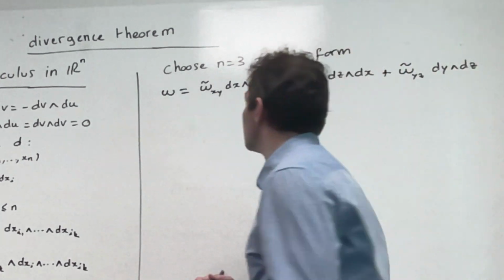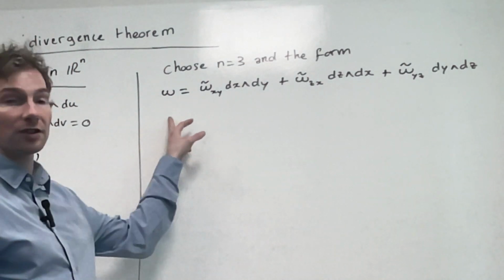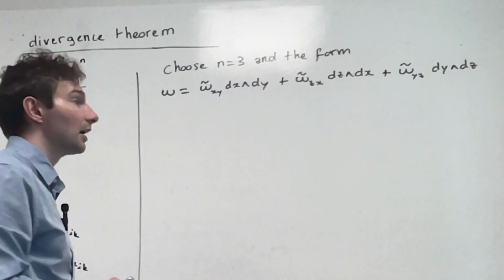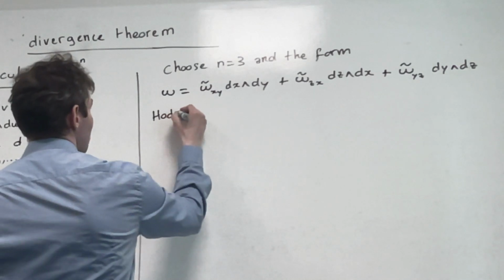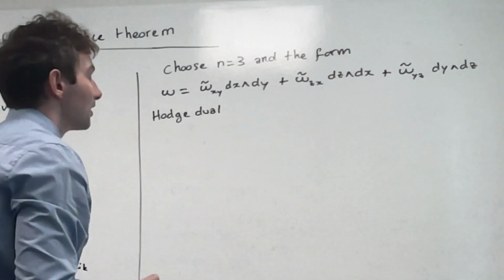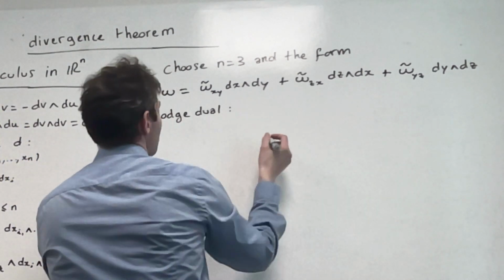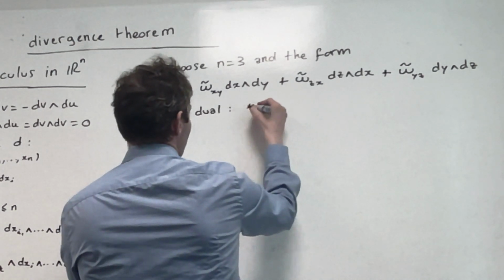Okay, so basically what I'm going to do here is try to look at what the Hodge dual of this guy actually is. And so here I'm going to look at the Hodge dual. And don't worry, I'm going to remind you what that is. So Hodge dual, just to remember, that's a star operator.